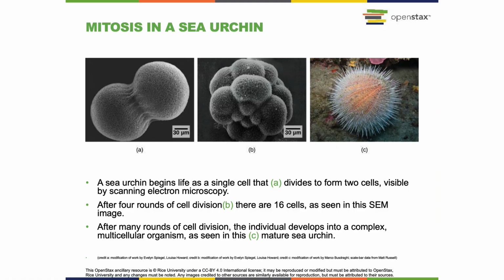And for a long time, they're identical to each other until we get to a level of development where cells begin to differentiate. And what that means is they start to take on whatever their mature adult cell role is going to be. And if we look at the sea urchin on the far right, you can see that there are some very different structures on the outside that we can see. And certainly there's going to be different structures on the inside.